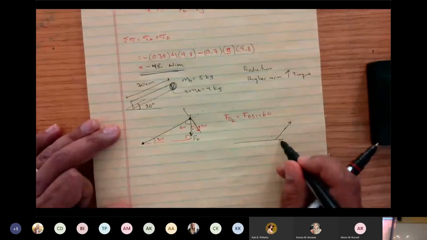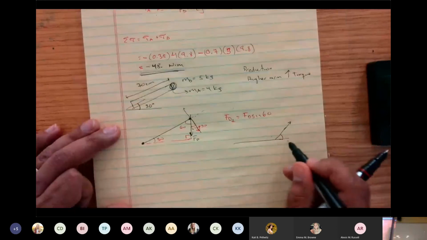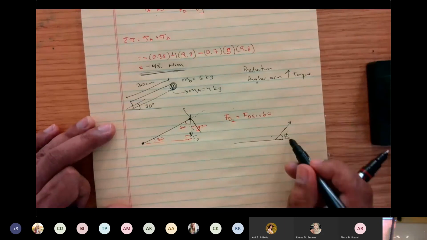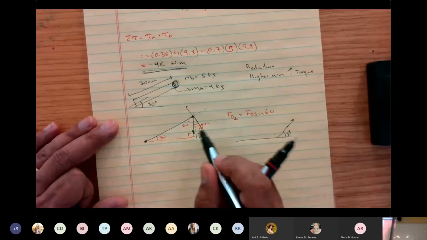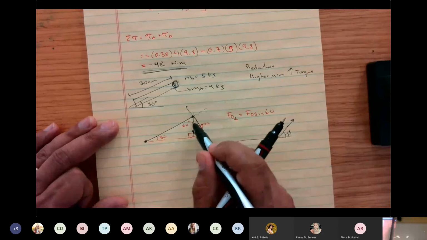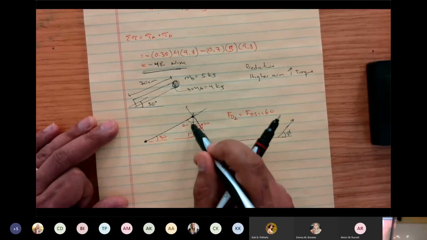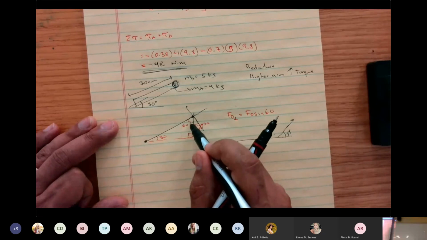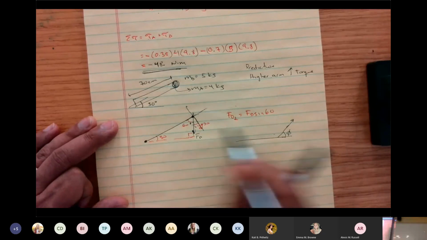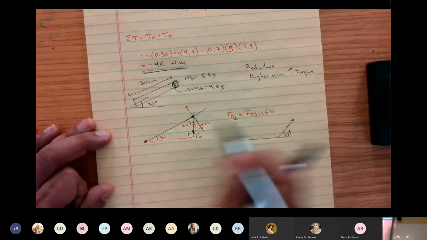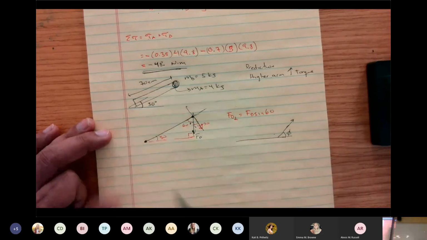We pick the one that is along the radial axis and is less than 90 degrees. This was our phi. So here, the angle between the radial axis and our force that is less than 90 degrees is the 60, so that's why we have the sine of 60. You will do something very similar for the weight of the arm.